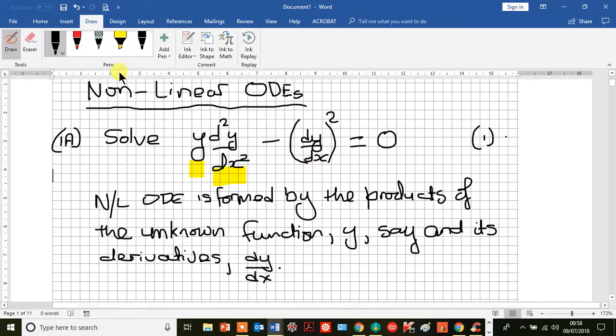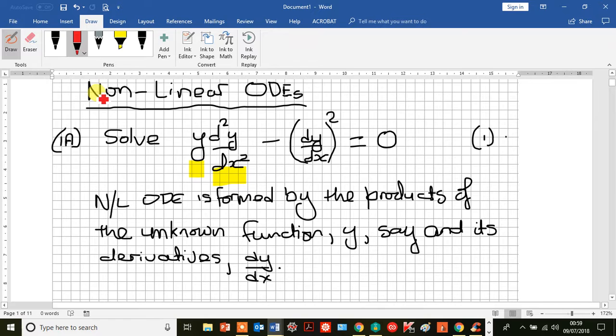But in actual fact, when you have derivative terms squared like this, you can substitute, not in all cases, but in some of the simpler cases, another variable in for dy by dx, like u or v, p or q.